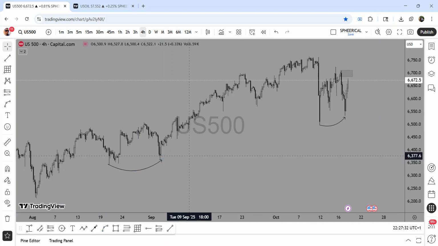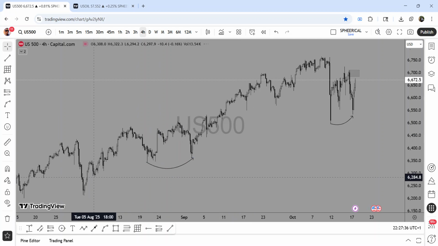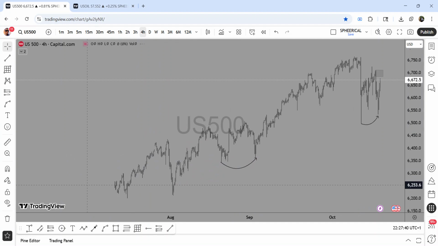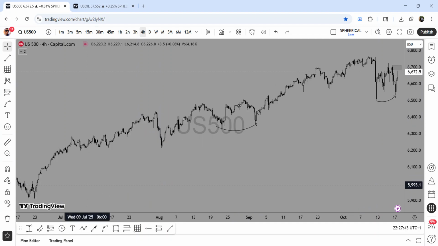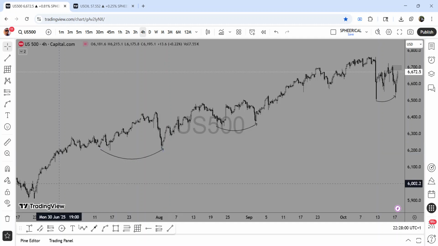They are the targets. I'm marking it out. Is there any valid point of interest here? All these things are still unswept liquidity points. I'm checking where we are going to take profit if we sell this market.